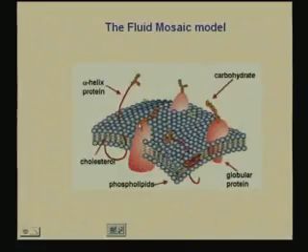These are integral membrane proteins, the globular proteins. These are some carbohydrates attached to the proteins, called glycoproteins. We have an alpha helix protein that could be in there that would form a single helix. So, this is what the lipid bilayer membrane would look like with the proteins embedded in it. And since it is always moving and the proteins are rotating, it is called a fluid mosaic model.